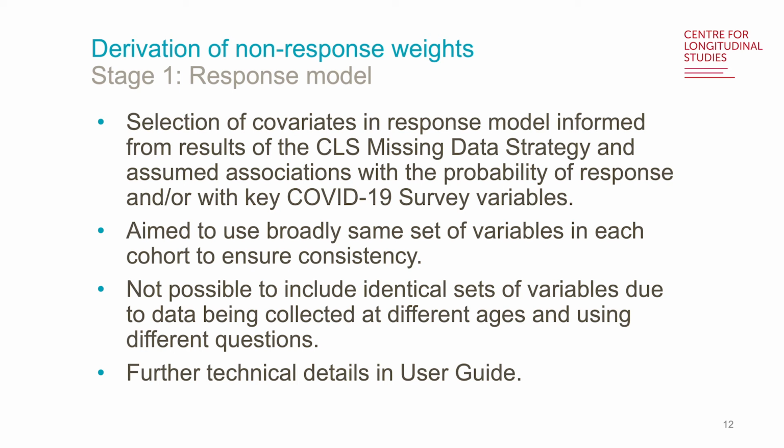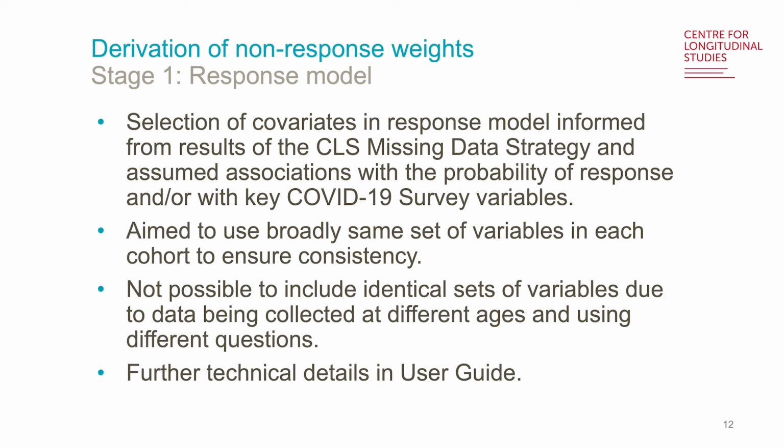So because this process is being conducted separately within each cohort, we could have some flexibility over the covariates that we included in the response models, but we aim to use broadly the same set of variables in each cohort to ensure consistency. So obviously these cohorts are at different life stages and have been conducted, to some extent, separately over the years.